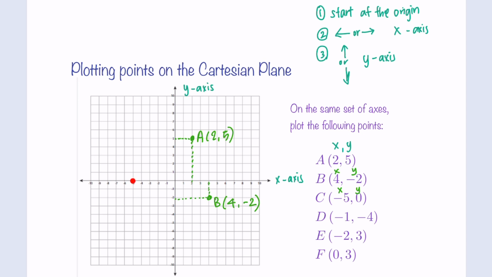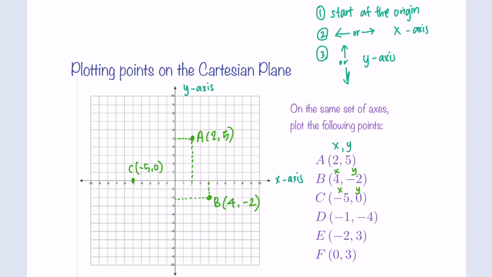That means we cannot move up or down when y is 0. When y is 0, it means we need to stay where we are. So we're staying here where the x is -5. This is where the y is 0. So the third point, C, would be right here. And so this is C, and the coordinates are -5 and 0.